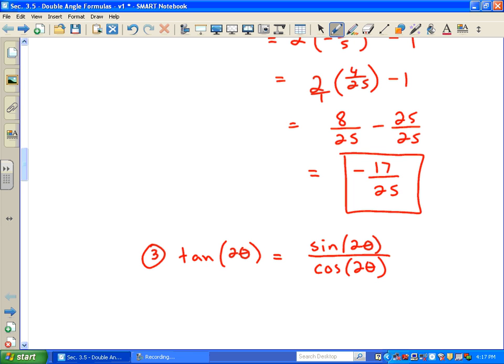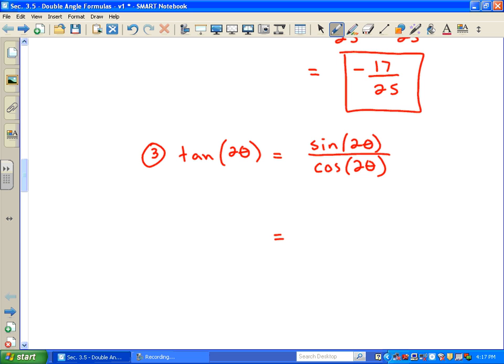Alright, the value that I found for sine of the double angle from above, I believe, was 4 square roots of 21 over 25. The value that we just found for cosine of the double angle was negative 17 over 25. Now we need to simplify this fraction.